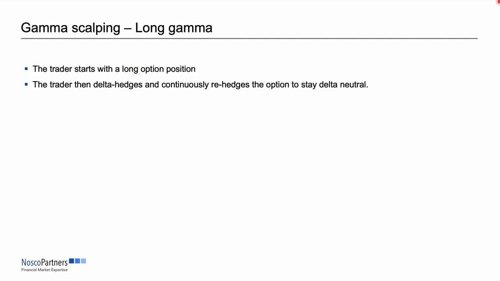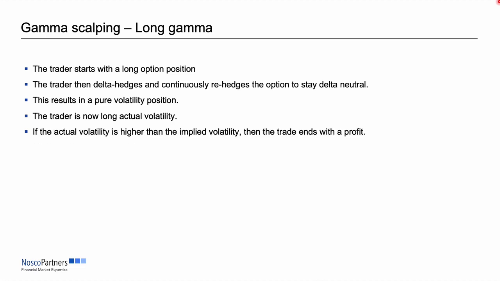To summarize, our trader started with a long put position. He initially delta hedged the put position and continuously rehedged the option to stay delta neutral. This resulted in a pure volatility position. While the trader was maintaining this continuously rehedged delta neutral option position, he was harvesting the realized volatility.